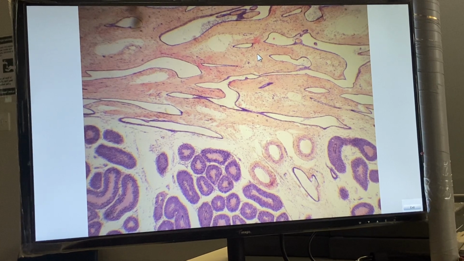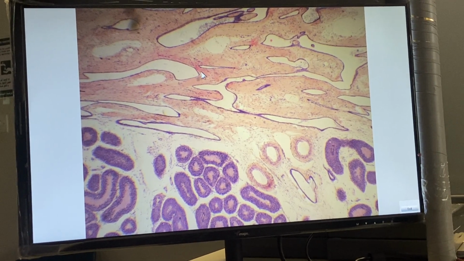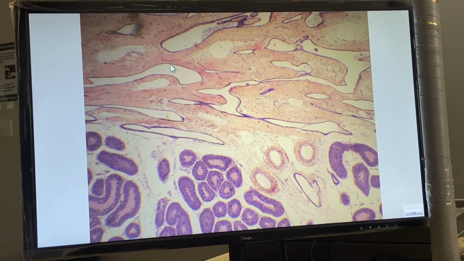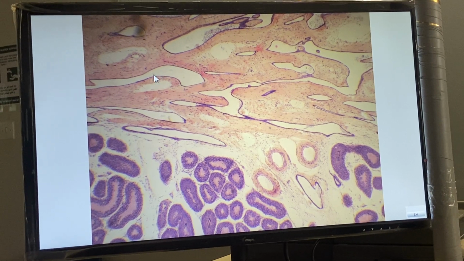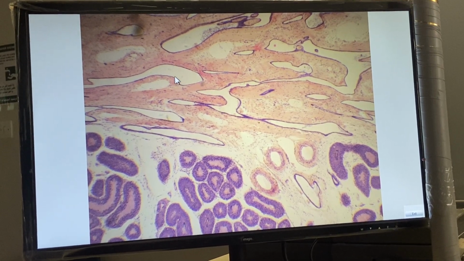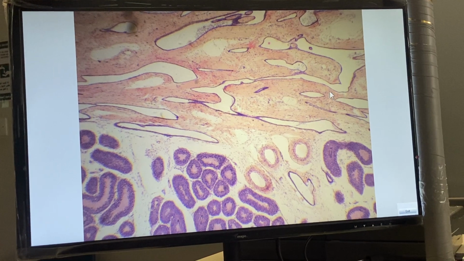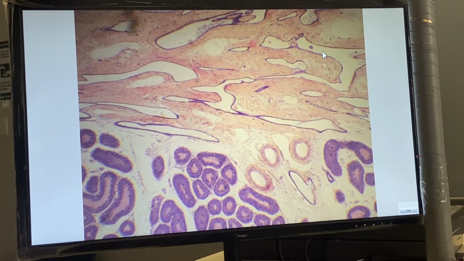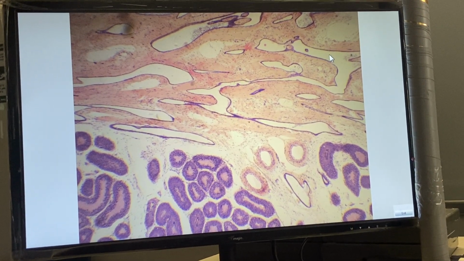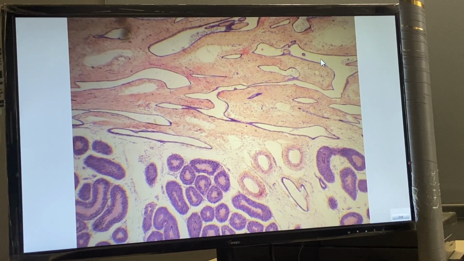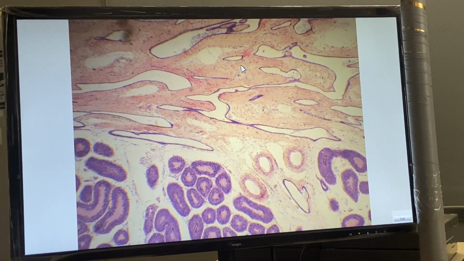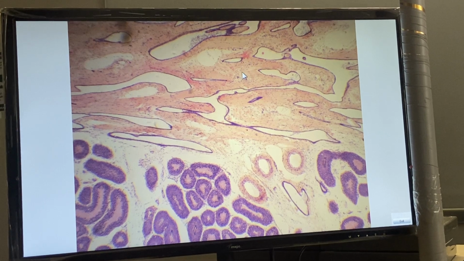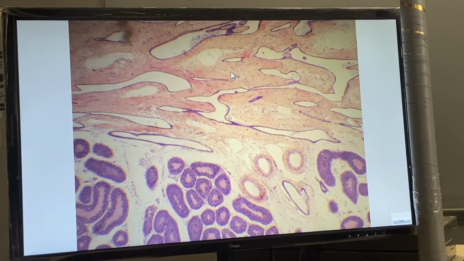Within the mediastinum testis, we can see epithelium lined channels. These channels are called straight segments or straight tubules, embedded within mediastinum testis. This region called mediastinum testis.